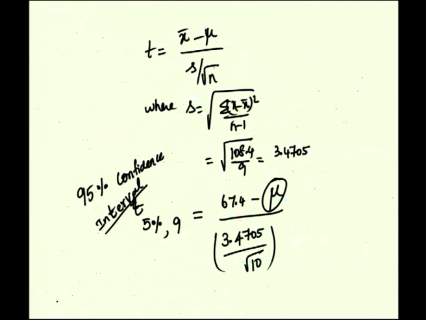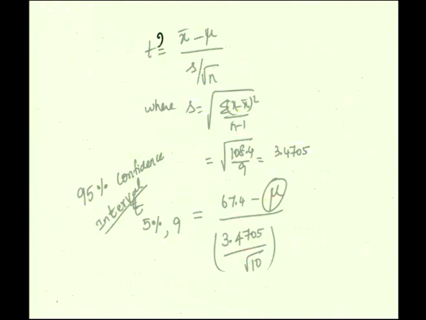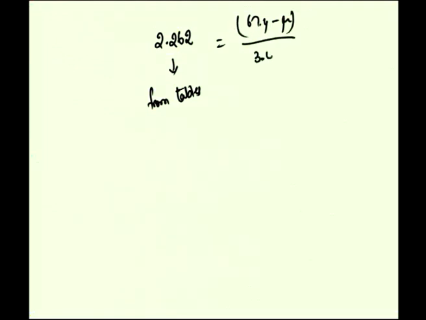Before that, t at 5% with 9 degrees of freedom is 2.262 from the tables, equal to x bar 67.4 minus mu divided by 3.471 by root 10. Just cross multiplying 2.262 into 3.471 by root 10.